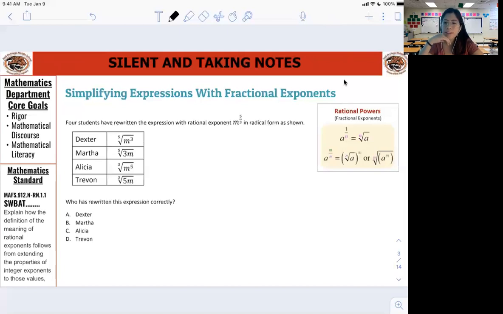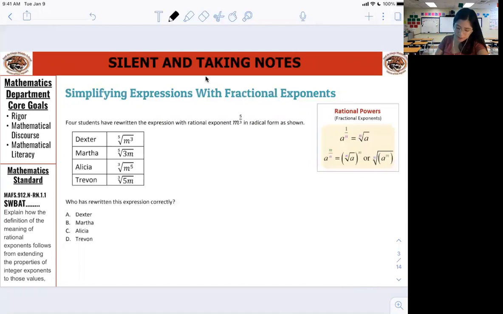Go ahead and put your responses in the poll. All right, 5, 4, 3, 2, and 1. All right, let's take a look. Answer choice C is the winning answer.